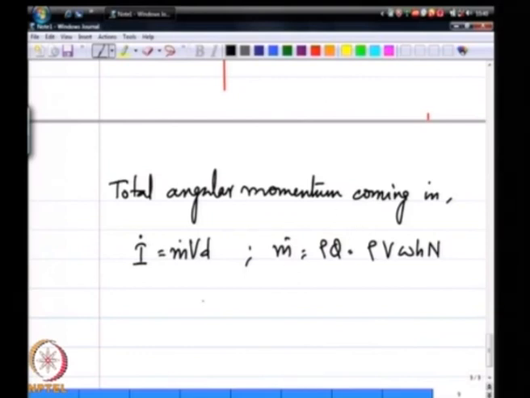Rho is the density of the fluid. So, this is how much angular momentum is being input into the swirl chamber.